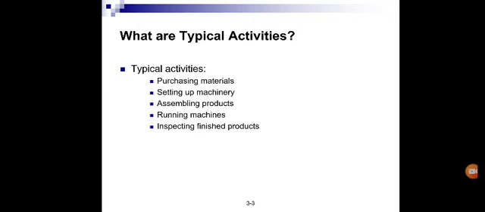Setting up machinery means when you want to produce your product, you have to set up the machine. What is the ingredient? How many liters or milliliters for each soft drink, etc. You have to set the machine.